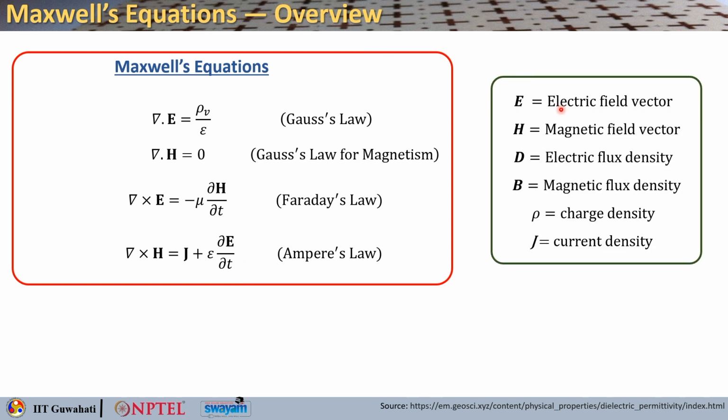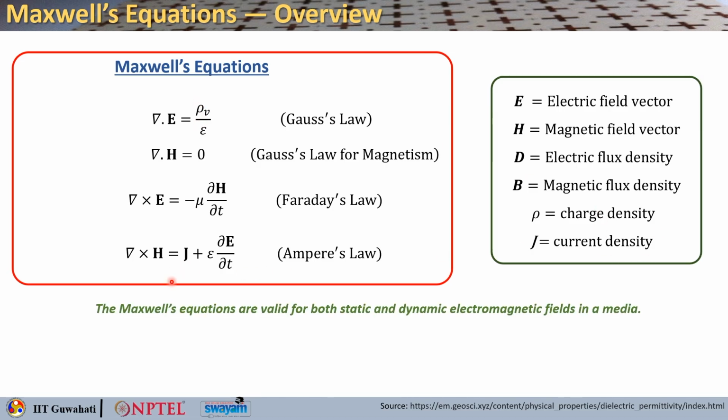Here you can see the representation with bold characters. E is the electric field vector, H is the magnetic field vector, D and B are the electric and magnetic flux densities respectively. Rho is the charge density, J is the current density.